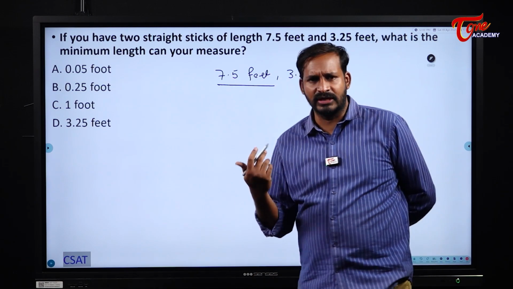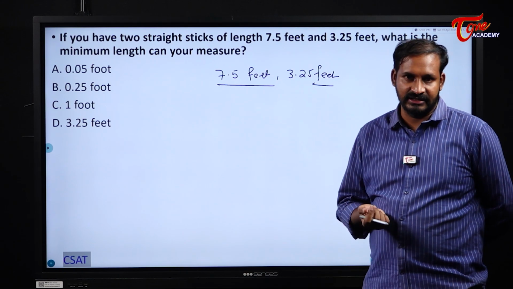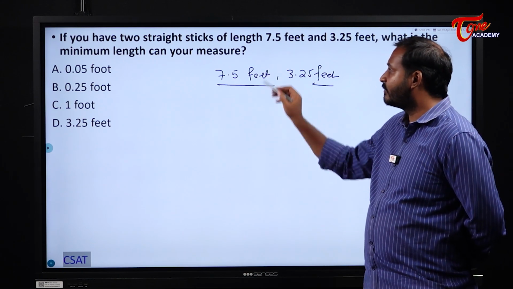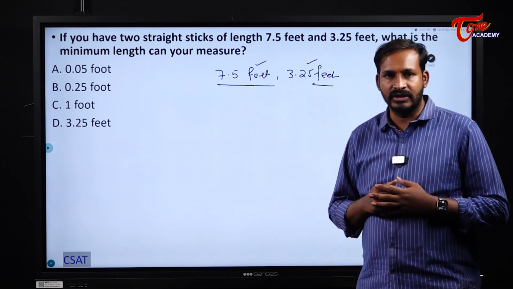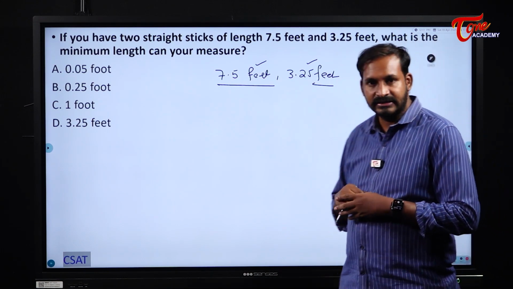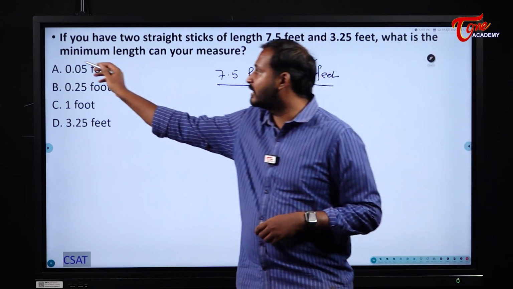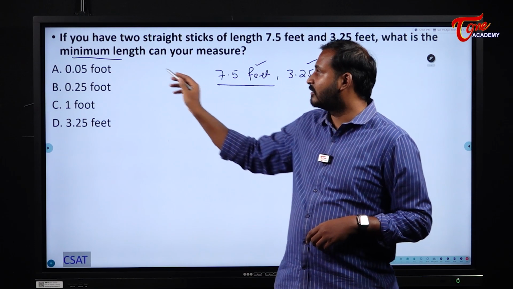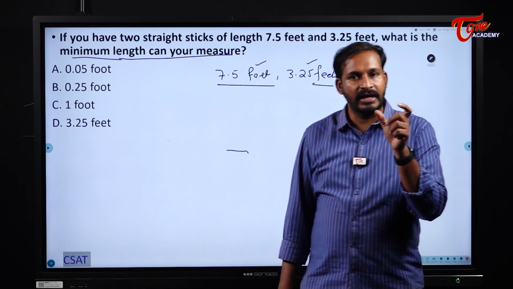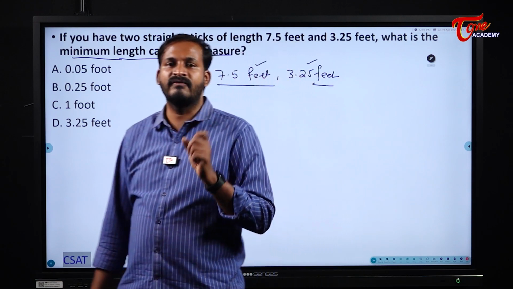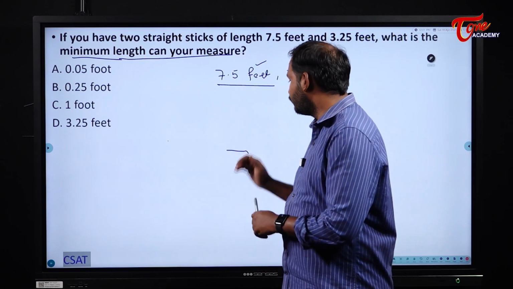Its actual meaning is that by using these two, I need to measure things. One is 7.5 feet and the other is 3.25 feet. We can arrange them by putting them side by side. Minimum length that you can measure, not a maximum length, minimum length. So if we find the HCF, the common factor between these two, we can tell the answer. So now we need to find the HCF.